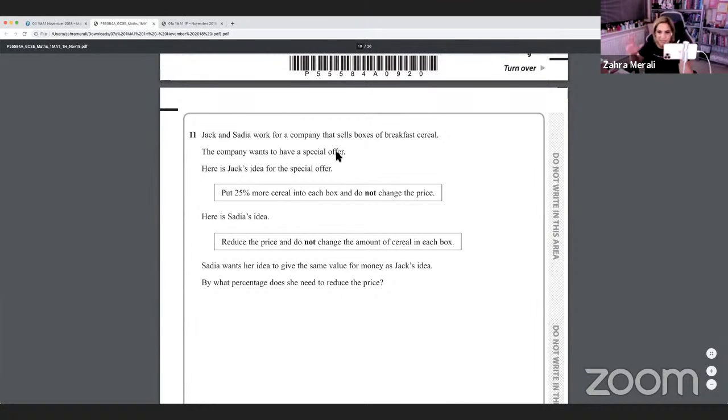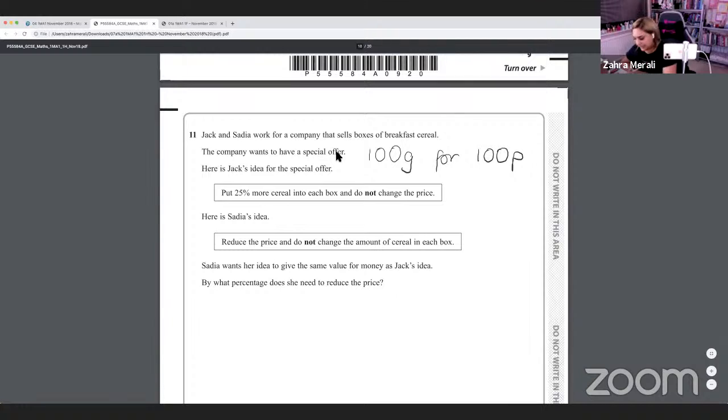Now, we could do it all in percentages, but sometimes that doesn't make sense for you. So what I would do is always pick some numbers, and pick nice numbers. So let's say we're going to sell boxes of 100 grams for 100 pence, and then it's easy to see the percentage changes.